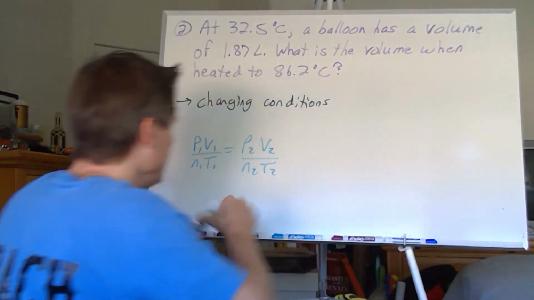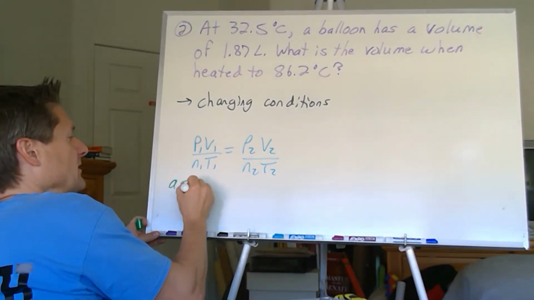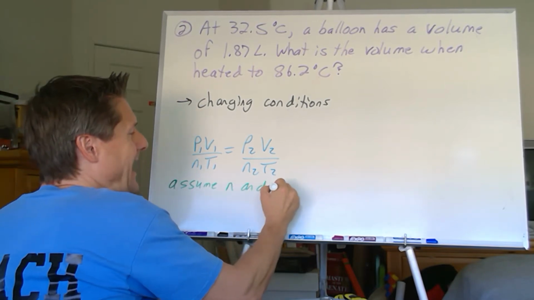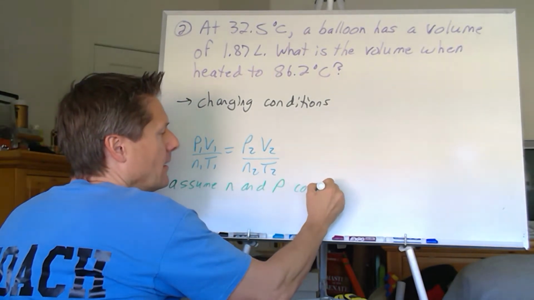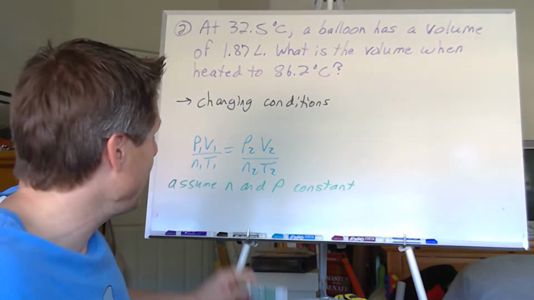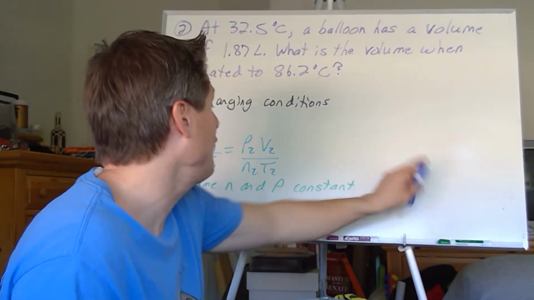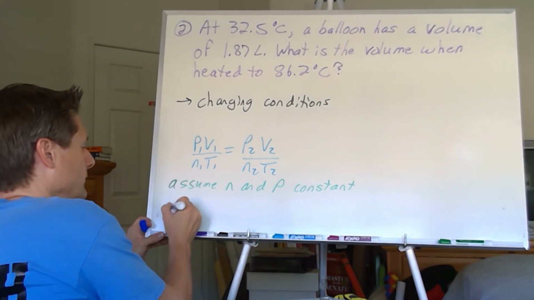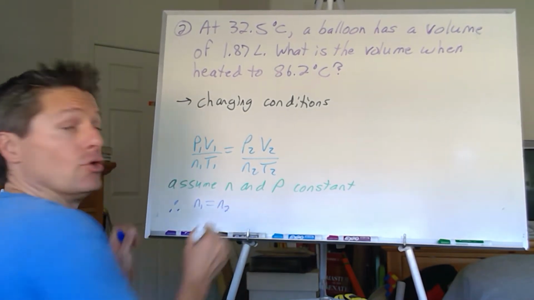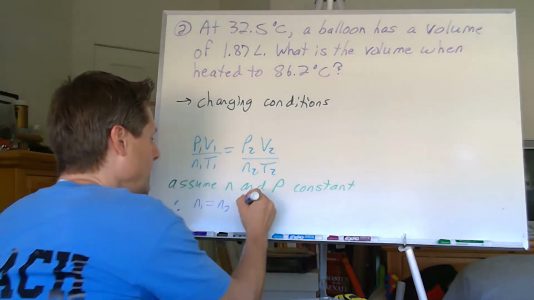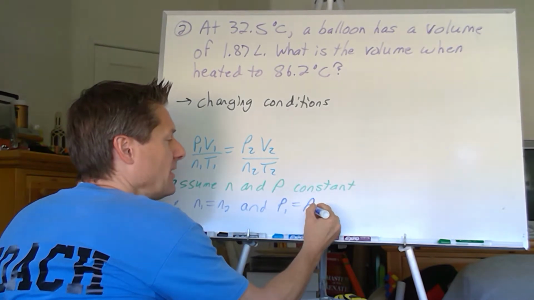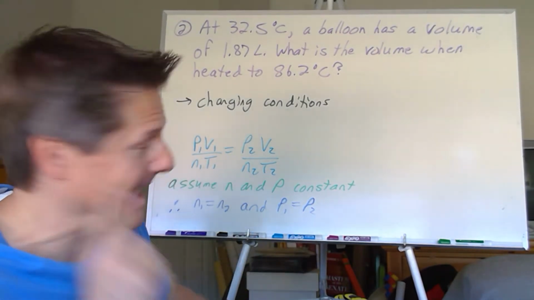I'll do this in green. Since it's not stated, assume N and P are constant. They are not stated in the equation. Therefore, N1 equals N2, so they're going to drop out, and P1 equals P2. This is what I do in my head.